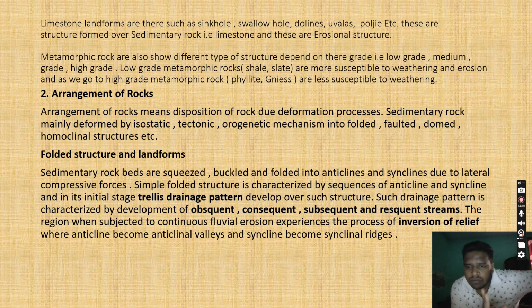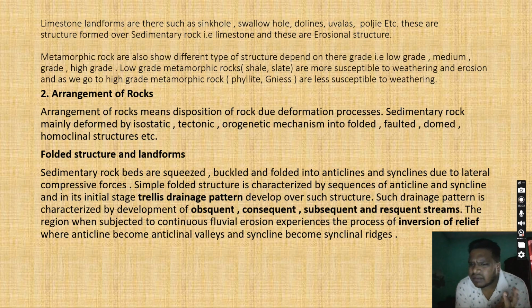Metamorphic rock has three grades: low grade, medium grade, and high grade. On the basis of their durability and resistance to weathering and erosion, or the nature of the minerals present within the rock, and their resistance to whatever processes are acting from outside of the rock, we classify them.